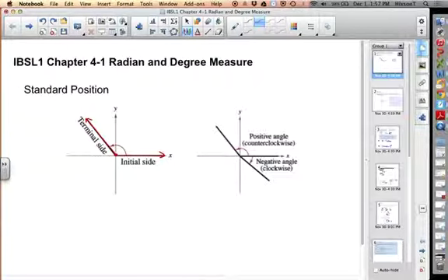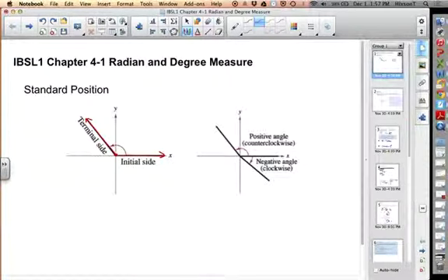Okay? Another aspect of standard position is the fact that the direction your angle rotates does make a difference in the measurement of your angle. You'll notice here, if we're rotating counterclockwise or upward from the positive x-axis, that's a positive angle.